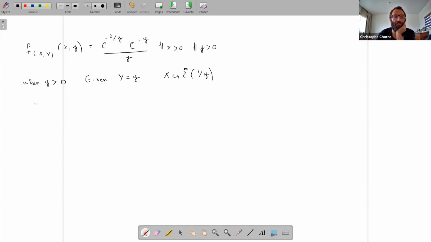And my question is now, what is the conditional expectation of x given y?